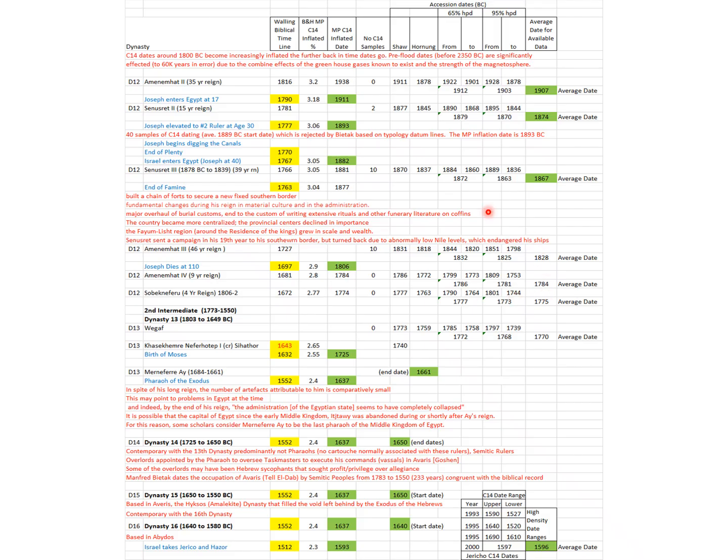What do we got up here? We got Senusret, 1766, inflated date 1881, and the actual carbon 14 average 1867. So this is really another element to the proof of concept of our adjusting these dates. Really cool stuff. It's like a three-strand cord, and it's just really strong.